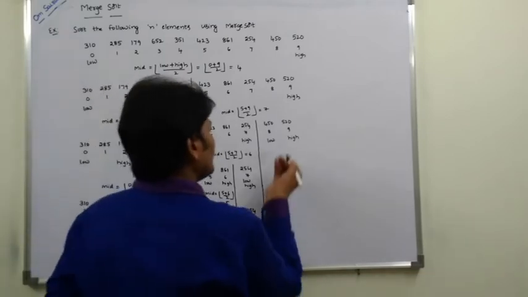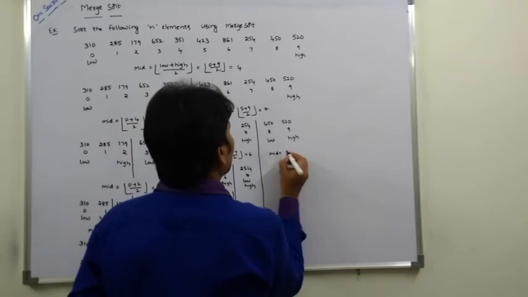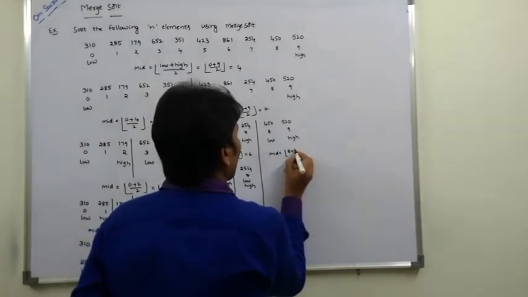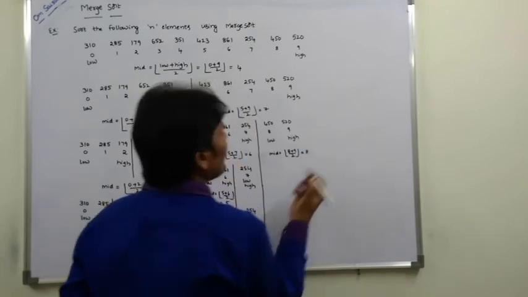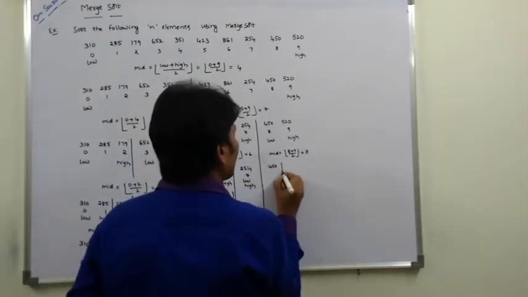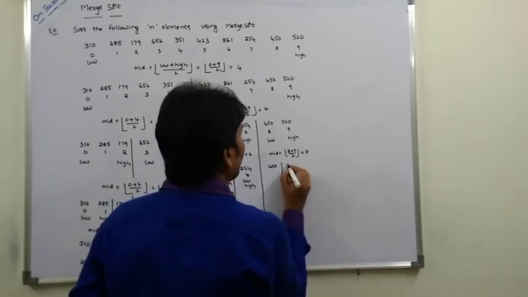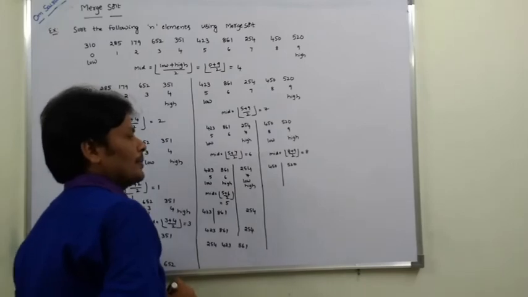Next, go to this one. So here mid is equal to (8 plus 9) by 2, that is 17 by 2, that is 8.5, that is 8. So that is 450. First list contains only 450 and second list contains 520.